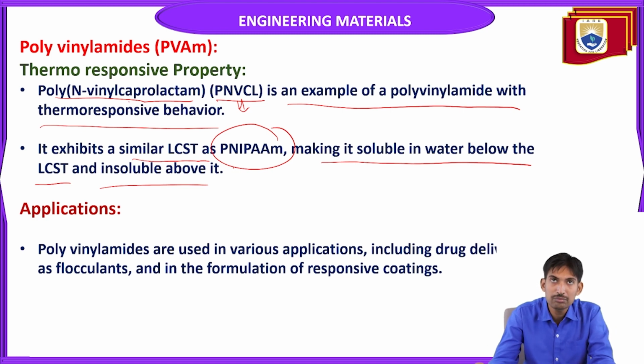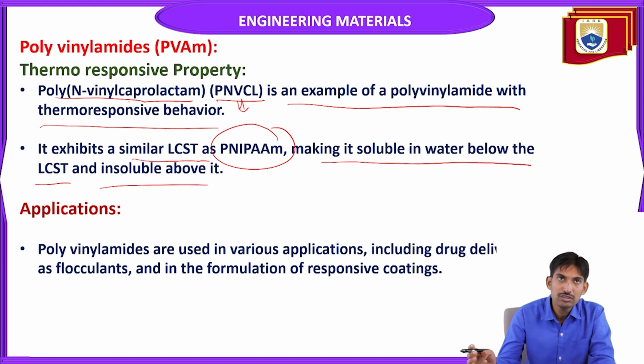Below this LCST, it is water soluble and forms hydrogen bonds with water molecules. Above this LCST, it is insoluble, because there is no bond formation between the water and this amide functional group.